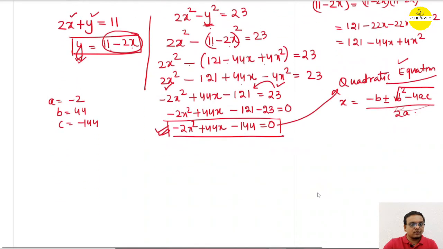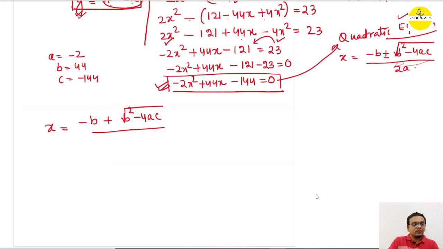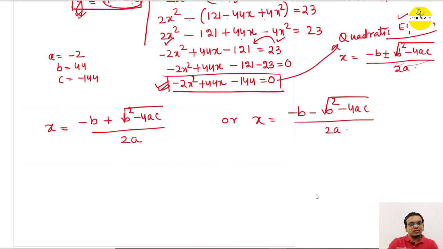Understood? So I'm going to use the values here in the calculator. I'm writing the quadratic formula again: x is equal to minus b plus the square root of b squared minus 4ac over 2a, or x is equal to minus b minus the square root of b squared minus 4ac over 2a.